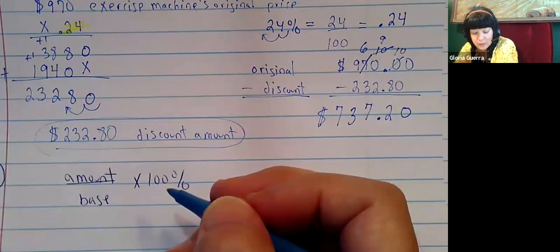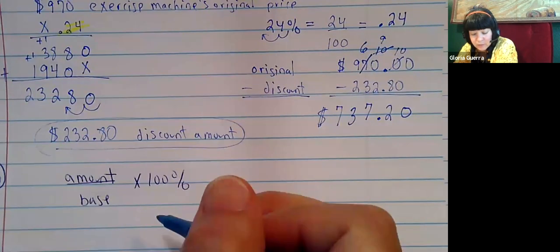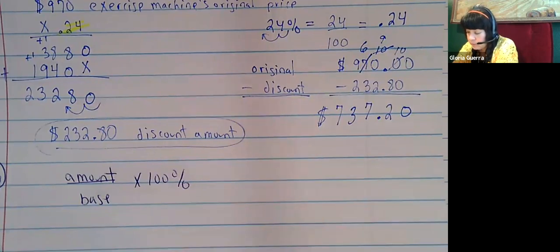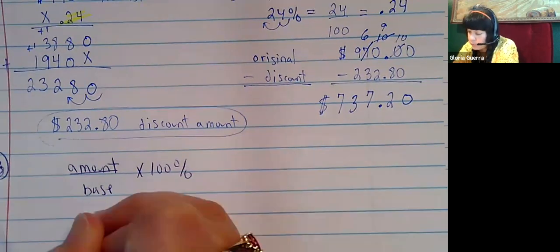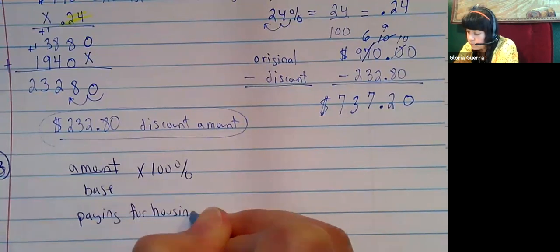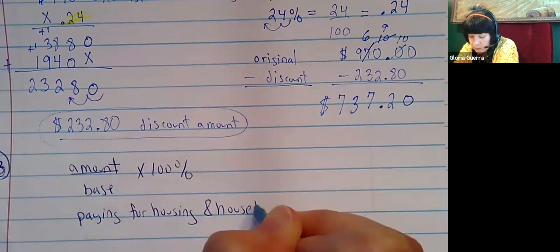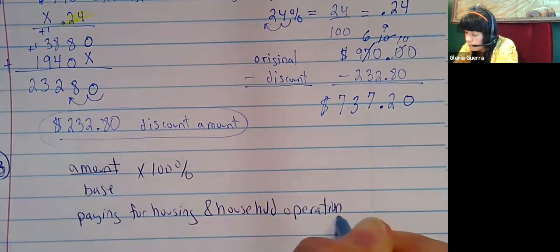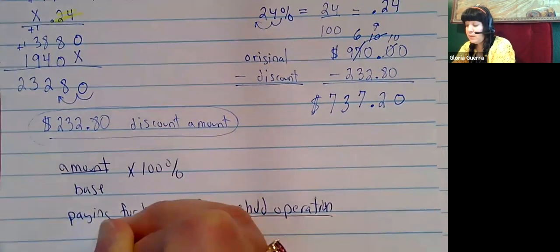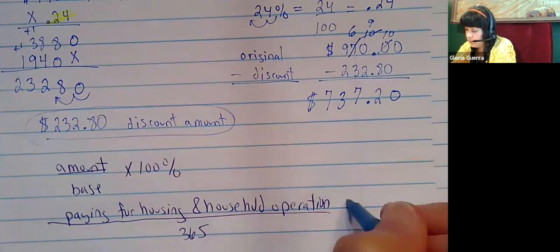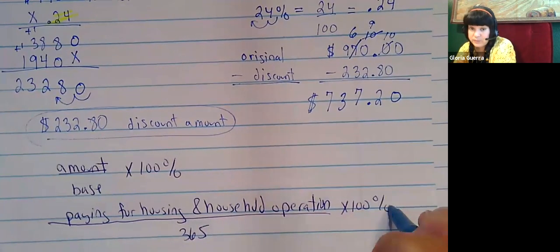For us, our amount is reflective of paying for housing and household operations. So I can put that here, paying for housing and household operation, over my base, which you saw me double checking and counting, which was 365, times 100%.